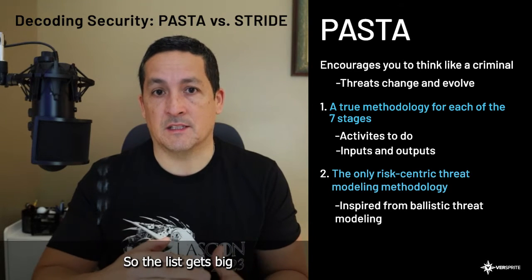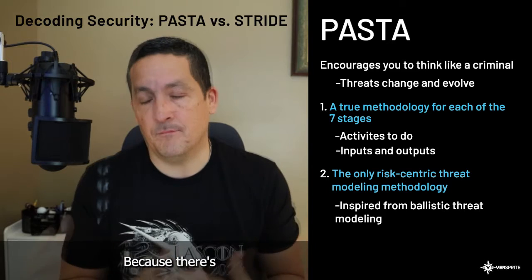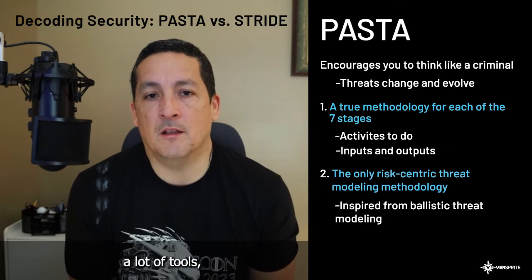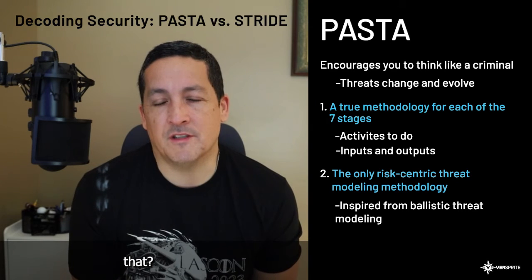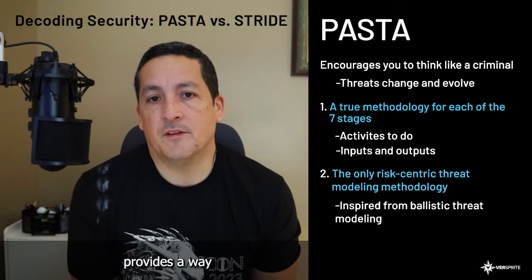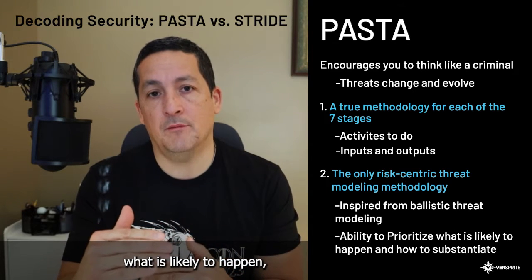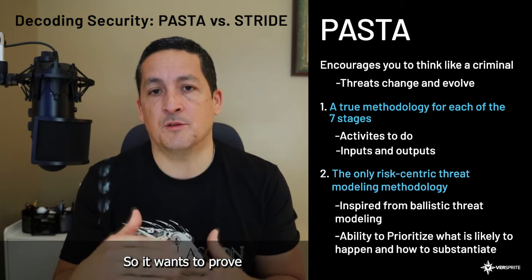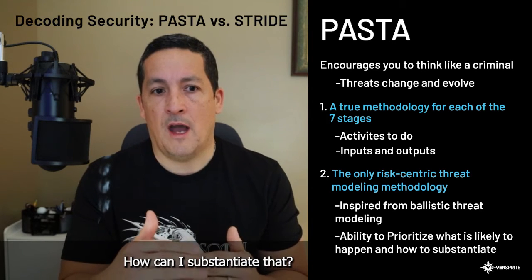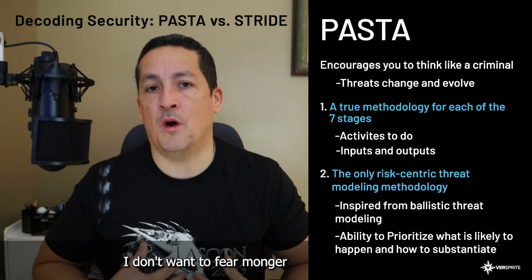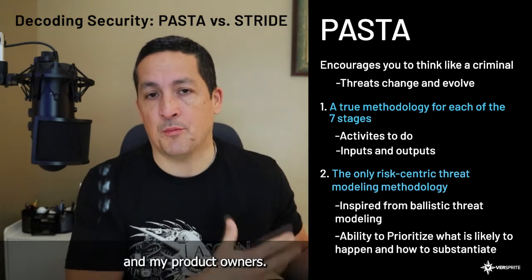The list gets big, sometimes literally into the thousands, because companies are using a lot of tools, and those tools can get a little bit chatty. So how do you prioritize that? Well, PASTA provides a way to prioritize what is likely to happen. It's a risk-centric approach, so it wants to prove what is likely to happen in my application model. How can I substantiate that? I don't want to fear-monger my audience, my application owners, my product owners.